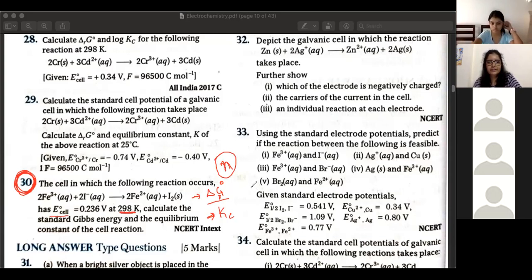So all four of you send it over chat. Are you sure about that, Mitali? N is the number of electrons exchanged in this reaction.